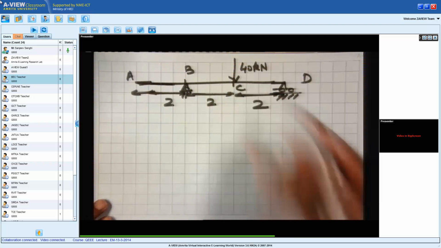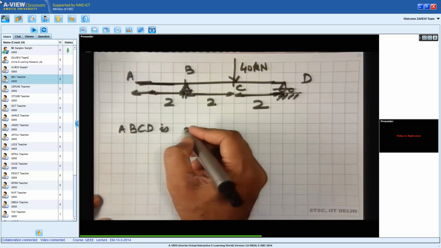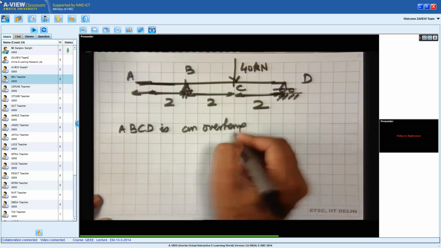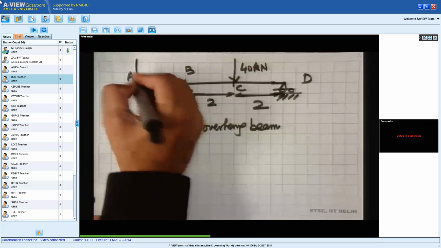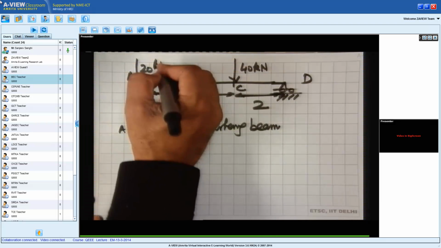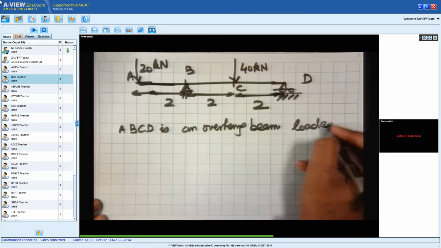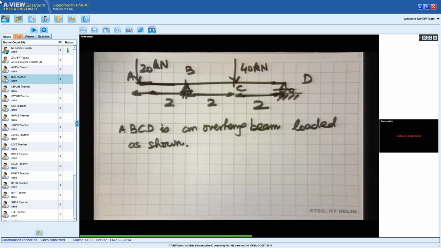So ABCD is an overhang beam as shown, and at end A also we have a force, 20 kilonewtons, loaded as shown.